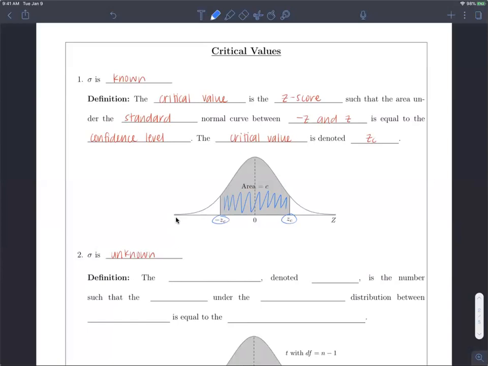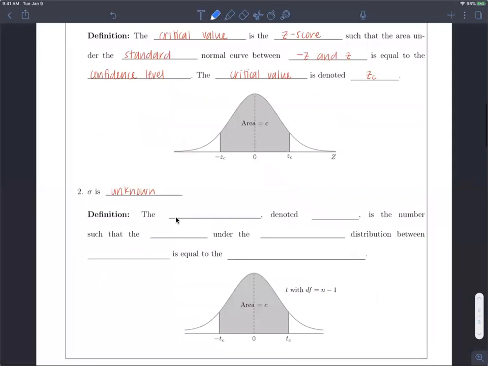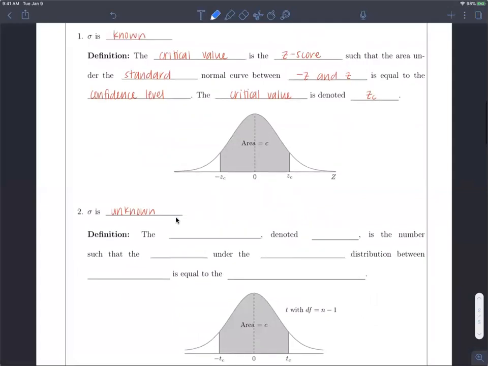The critical area would be this in a two-tailed test. I'm not entirely sure what region you would call this, but it's what bounds the confidence level, right? But do you guys have any questions about this? Does this make sense so far? Okay.